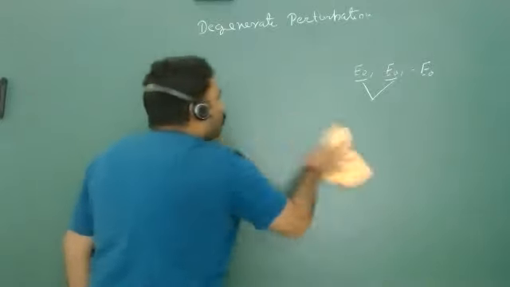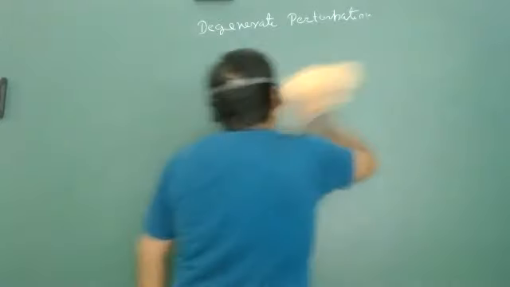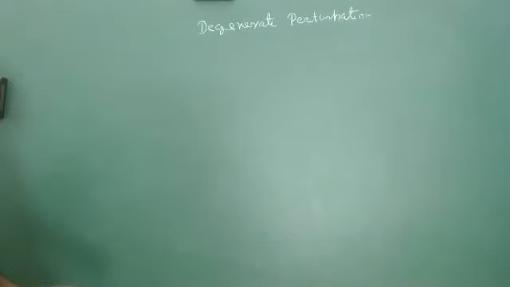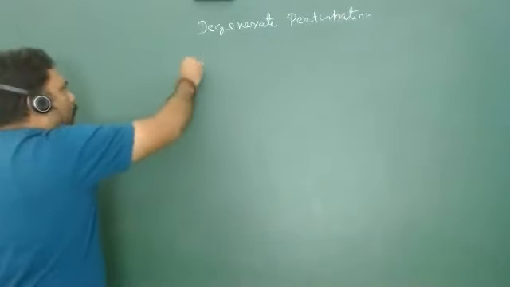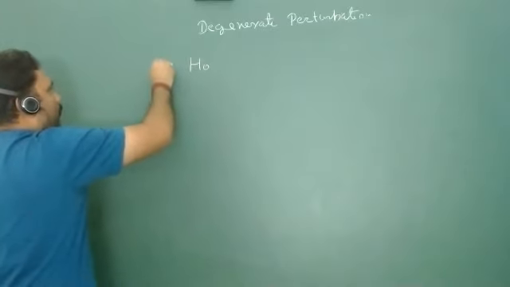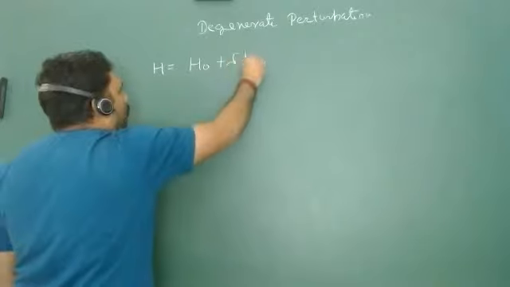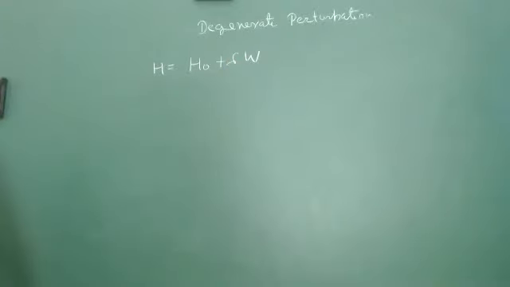And before that, what should we have to do? The first thing, we have H naught. This is my H. H will be H naught plus lambda W. This is my Hamiltonian. And here H naught has degenerate eigenvalue.